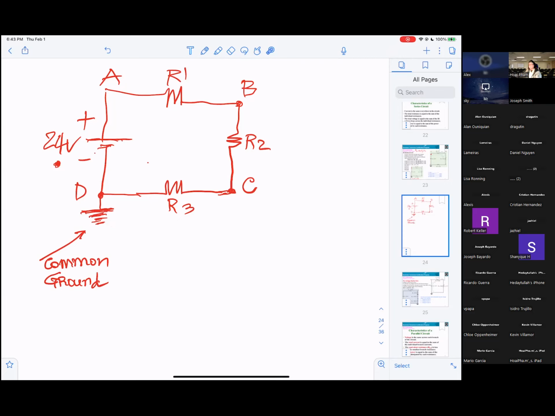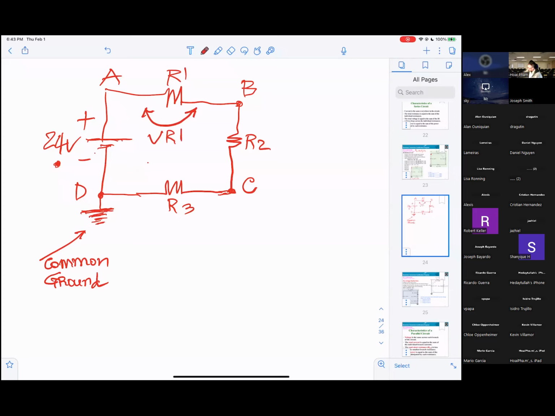That's what we call common, or ground. If you want to measure voltage across R1, that means from here to here. We call it VR1.